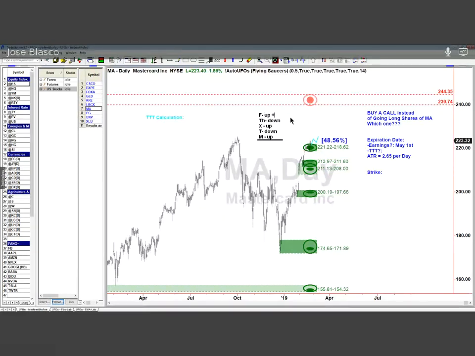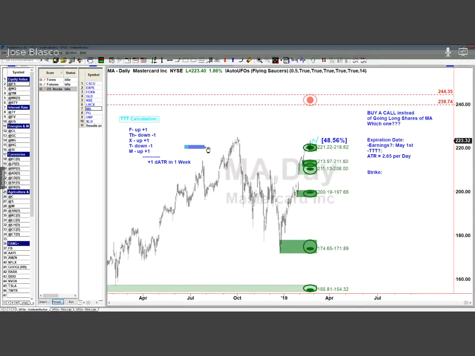So this is plus 1 ATR, minus 1 ATR, plus 1 ATR, minus 1 ATR, plus 1 ATR. If you do the math, we are netting plus 1 daily ATR in 1 week. That is what our calculation suggests, and that is how we're going to do the TTT calculation.